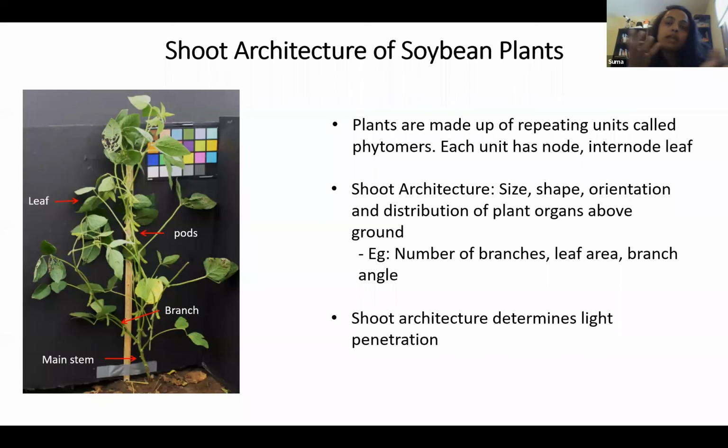Like I was saying, this architecture determines how light is let in, even in a single plant, but also when you put them as canopies, and that would be a canopy property. So how light penetrates the canopy is dependent on the shoot architecture of the plants. The next slide, please.